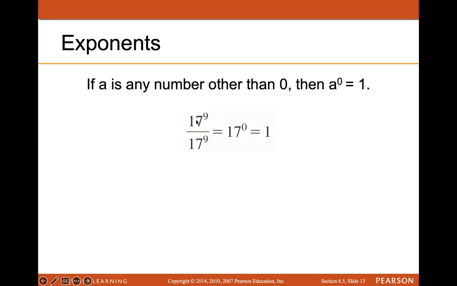So if you use the quotient rule that we just talked about, 17 to the 9th divided by 17 to the 9th would be 17 to the power 9 minus 9, which is 17 to the 0. And it makes sense that it should be that because we're dividing a number by itself. So any number divided by itself is 1, unless the number is 0. 0 divided by 0 is undefined, and that's why 0 is excluded from this rule.